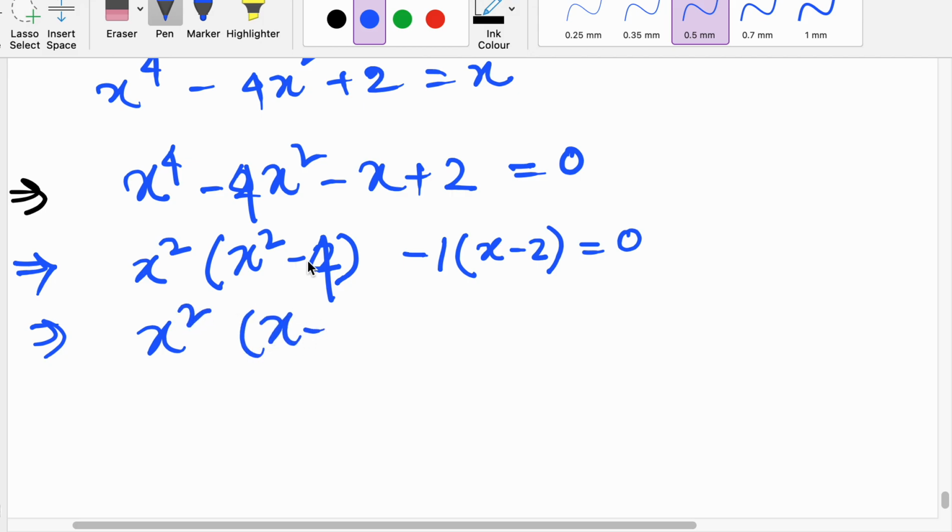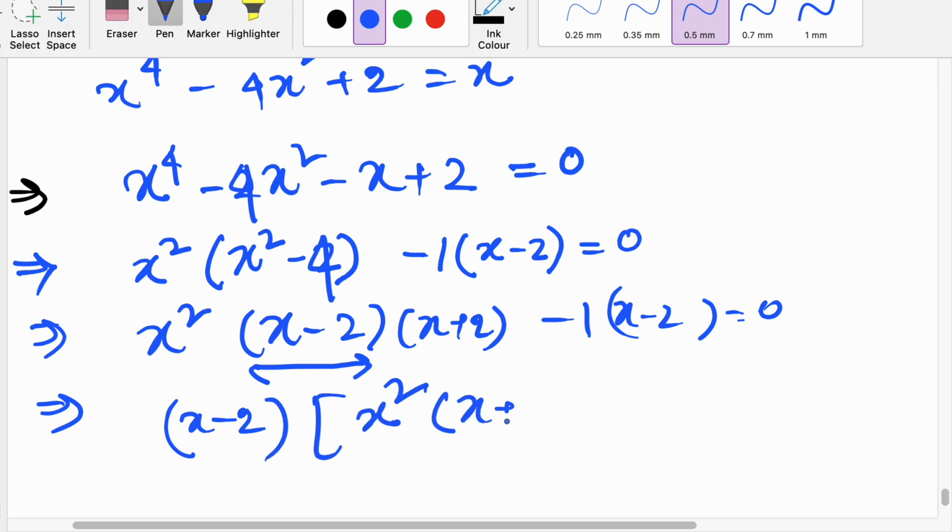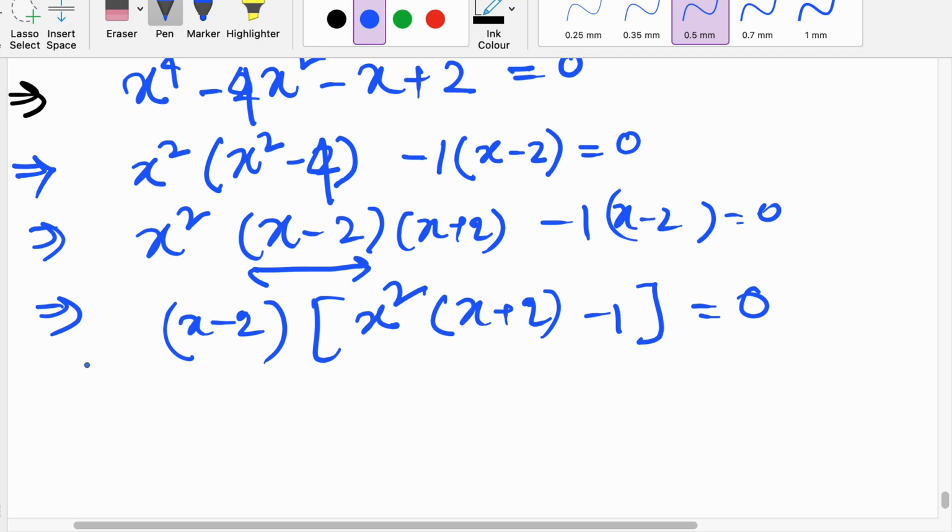This is x square minus 4, which means x minus 2 into x plus 2, minus 1 into x minus 2 equal to 0. If I take x minus 2 common, this will be x minus 2 times x square plus 2x minus 1 equal to 0. So you see here that x equal to 2 is a solution, because then the whole thing is 0. That we know.